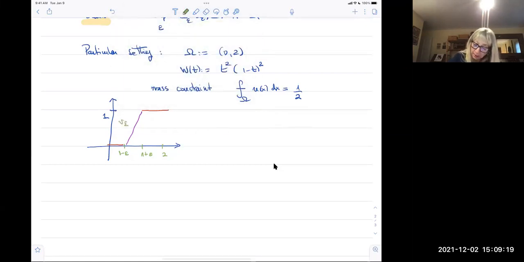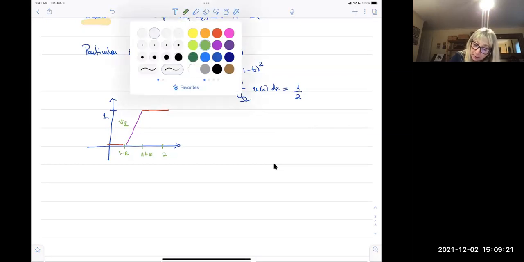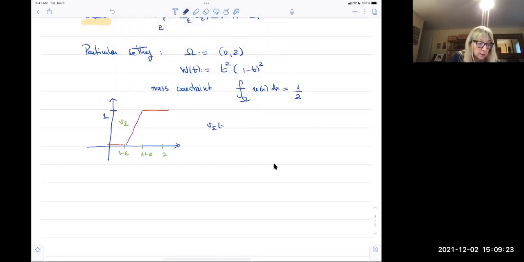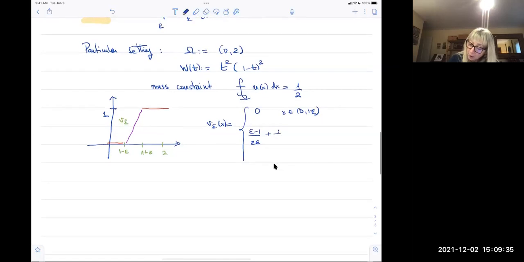So V epsilon, I can write it explicitly. V epsilon of x is exactly 0 if x is between 0 and 1 minus epsilon. It's going to be (x minus 1 plus epsilon) over 2 epsilon, a simple calculation, if x is between 1 minus epsilon and 1 plus epsilon, and then it's going to be 1 if x is between 1 plus epsilon and 2.